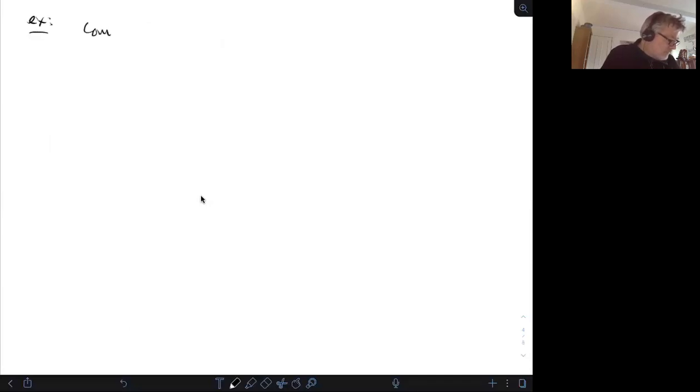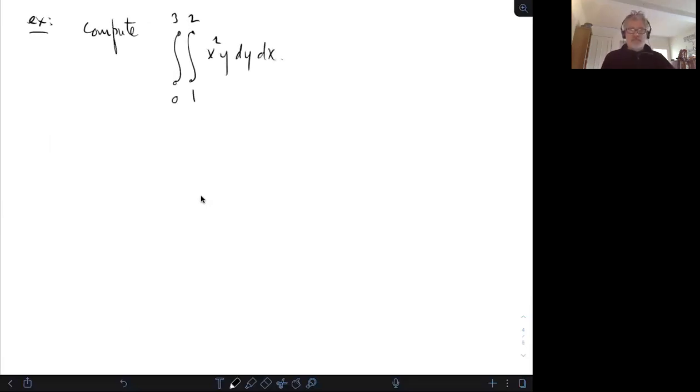Compute the integral from 0 to 3, integral from 1 to 2, of x squared y dy dx. So what does this stand for? The way this is the notation, you have to start with the inside integral. You can't start from the outside. So you must start inside.